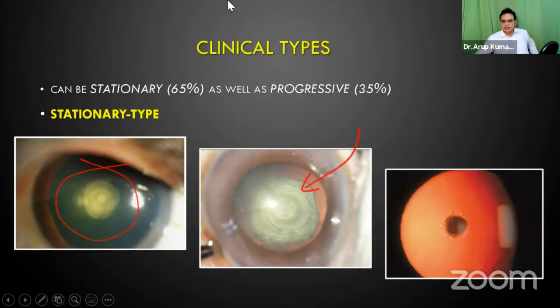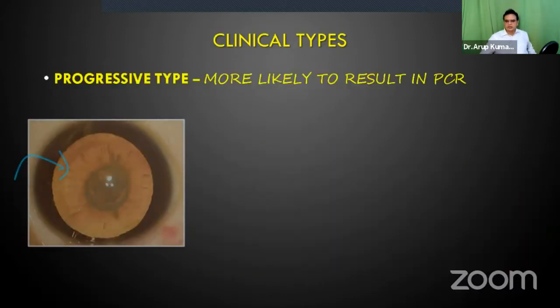There are basically two types. In 65% of the cases, you'll get to see the stationary type, which are quite well defined like this, or there might be an onion ring pattern around the central opacity, which is quite well defined, or there are mild small satellite lesions around it. These are stationary in type, and they are less dangerous as compared to the progressive type.